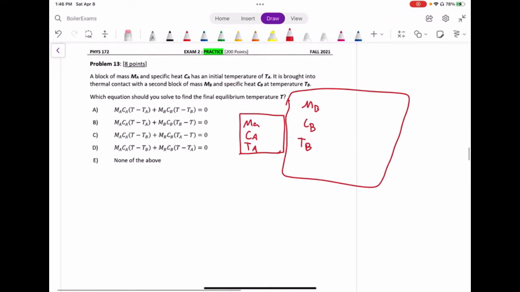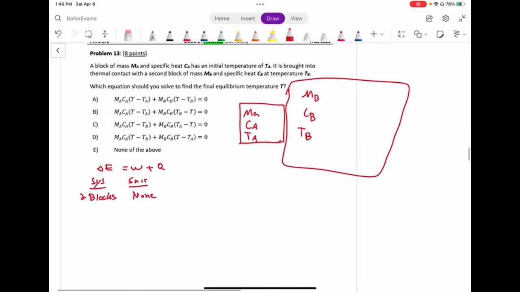So let's do this. We're going to use the energy principle: delta E equals work, system, surroundings. Two blocks, let's put them both in our system. Surroundings, none.